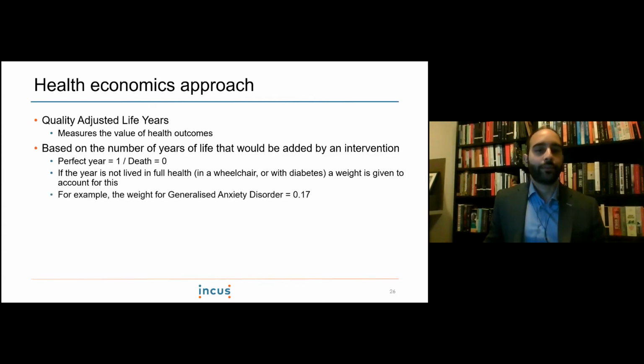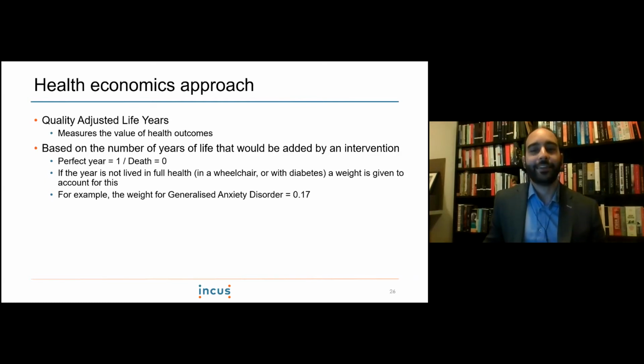For example, there's a weighting for generalized anxiety disorder of 0.17 or 17%. That's basically saying that health economists have decided that the impact of having generalized anxiety disorder imposes a 17% weight or disability to your perfect life. You then add that to this concept of what a life year is worth, which in Australia they've done some research on.